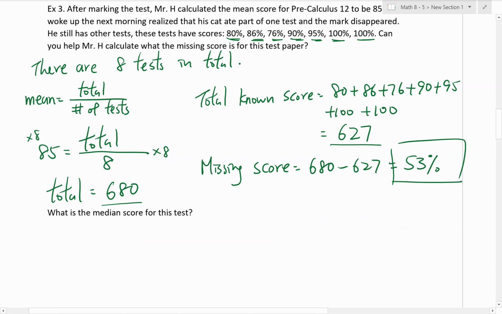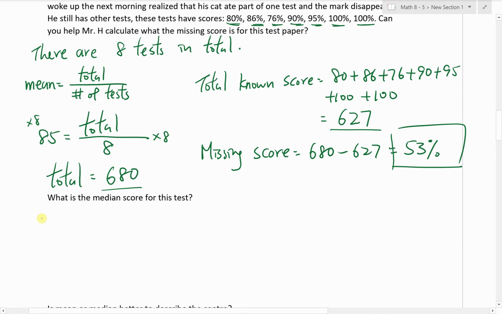Part B, what is the median score for this test? To find the median, again, we list them out in order. So that's 53, and then we have 76, and then 80, and then 86, 90, 95, and then two 100s.